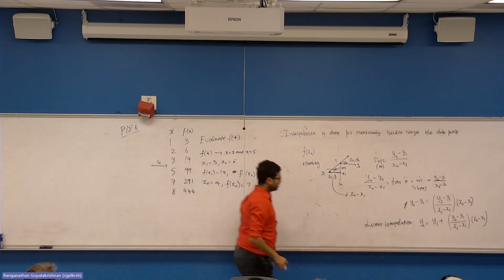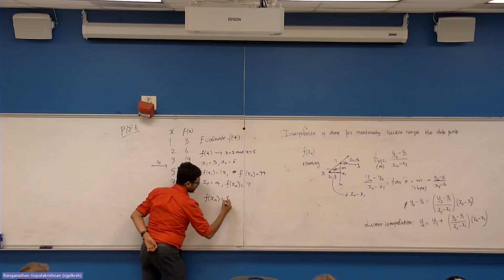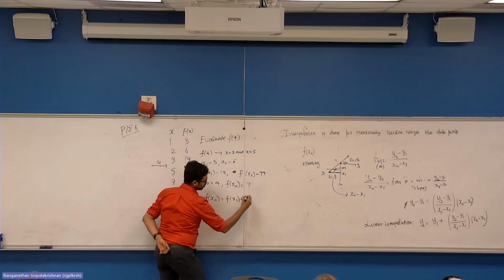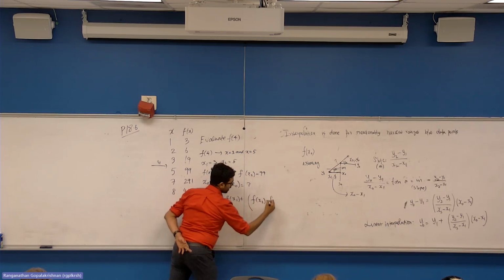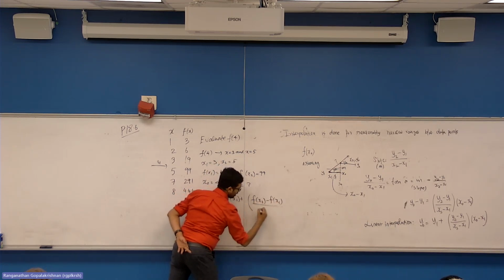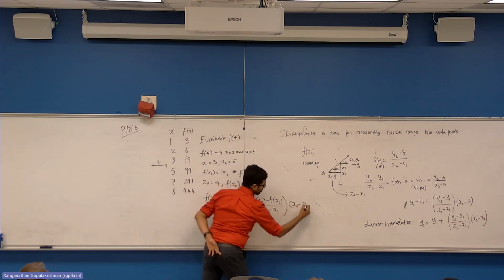Use this formula: f of x naught equals f of x1 plus slope. What is the slope here? f of x2 minus f of x1 divided by x2 minus x1, times x naught minus x1.